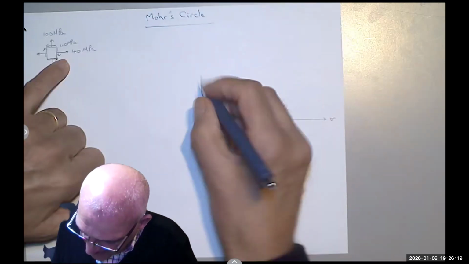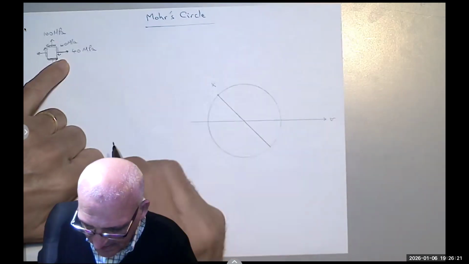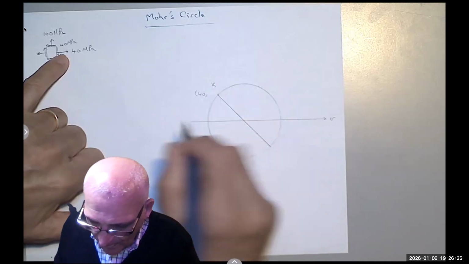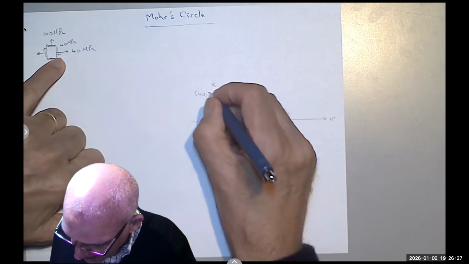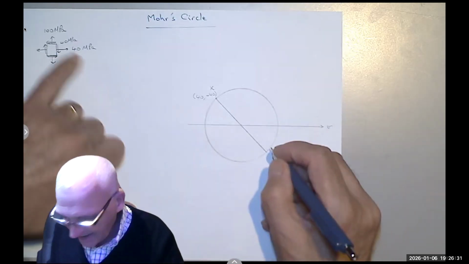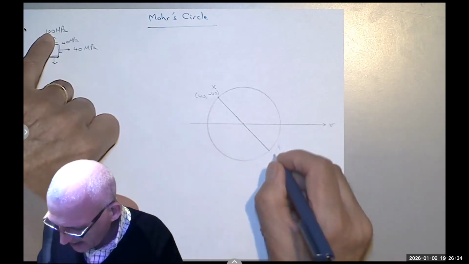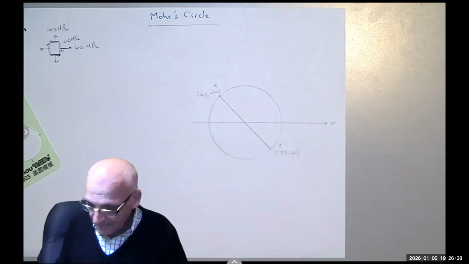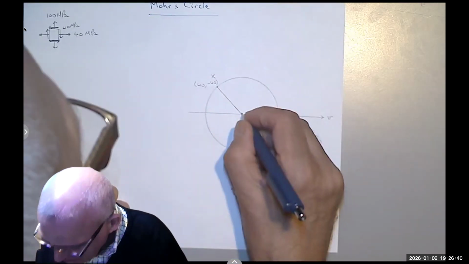So that is the x, stress at x. Sigma x is 40, and the shear is negative 40. Notice we said negative is up. On the right-hand side, I have 100. That's the y. It's 140. So what are the coordinates of this point?